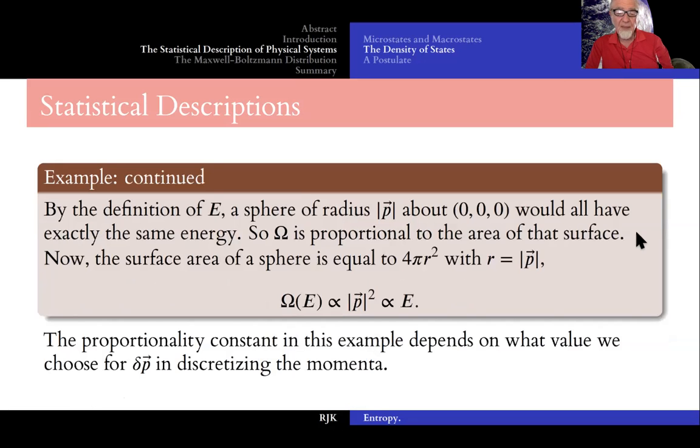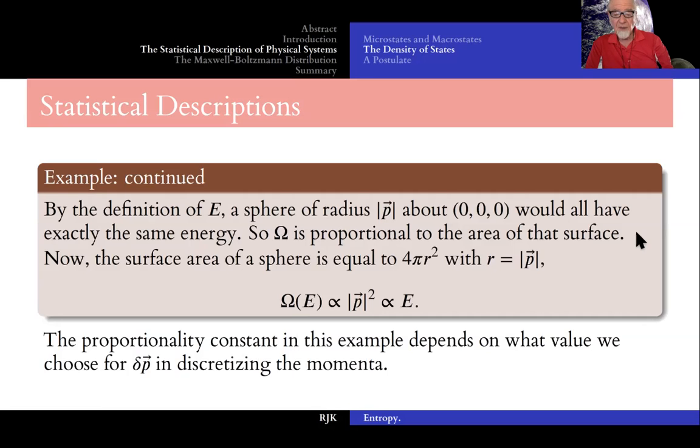So the magnitude of the momentum is the radius of a sphere in momentum space about 0, and the area of the surface of that sphere is proportional to r squared.